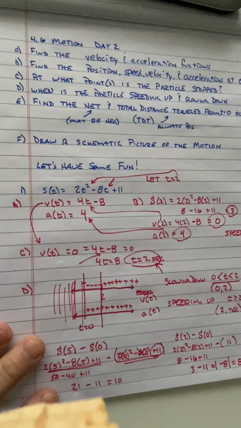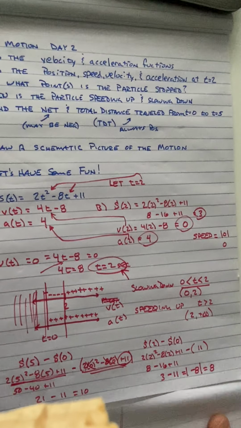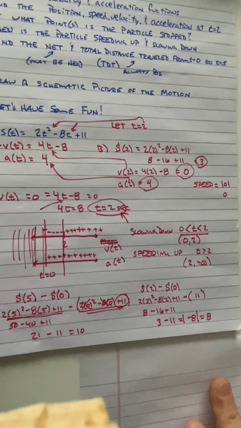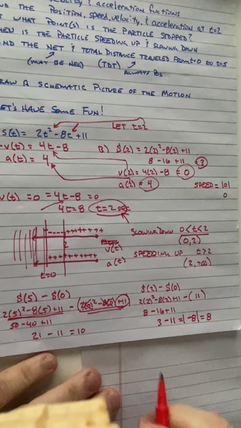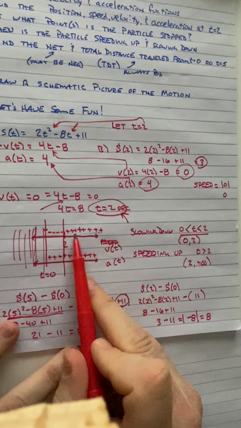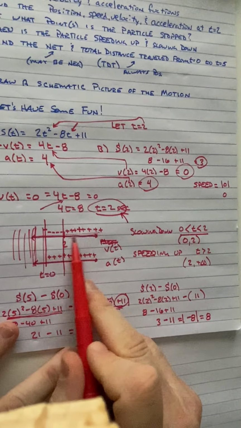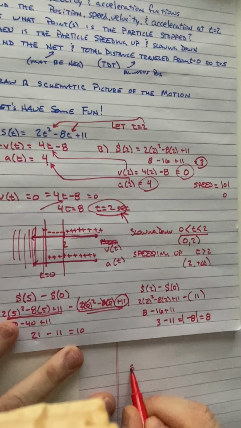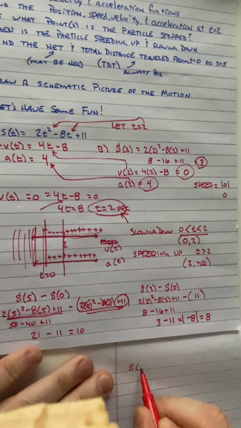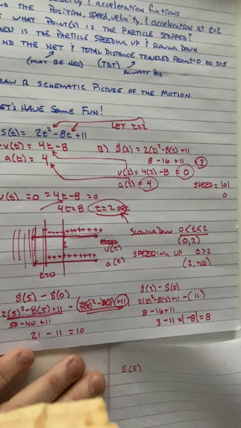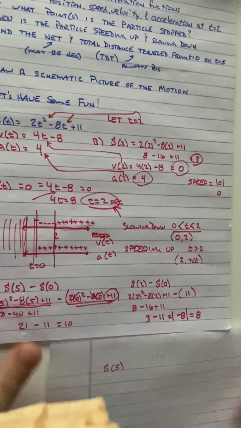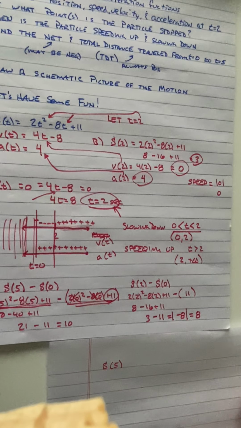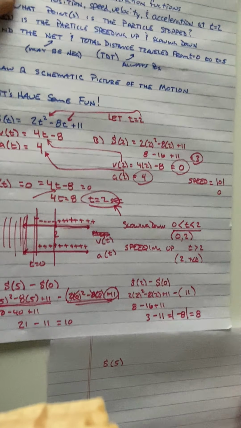Now, we need to find the distance traveled to the right. The distance traveled to the right, according to our velocity testing number line, is the position that we stop at, in this problem, 5, minus the position where we start from, and in this problem, going to the right, we start at t equals 2.